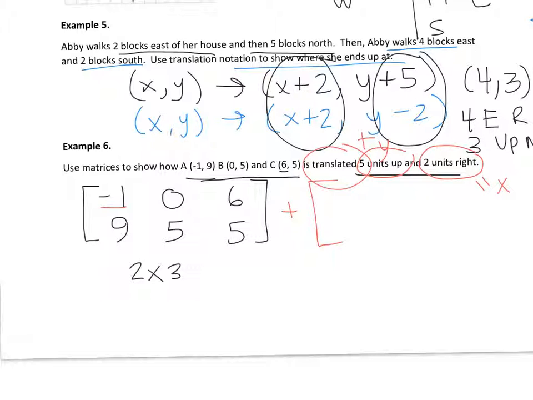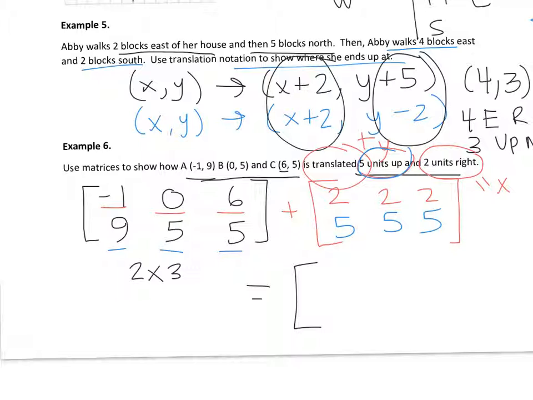Notice how all of these right here are x's, so I'm going to add 2, 2, and 2 in the x spot. And then the y's are all down here, so I'm doing 5 units up: positive 5, positive 5, positive 5. When you add these two matrices together, it's a 2 by 3 plus a 2 by 3, so it has the same dimension.